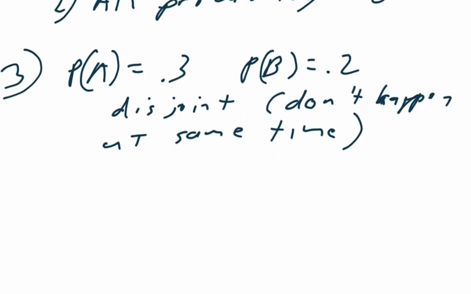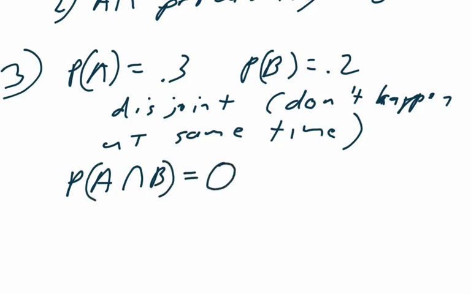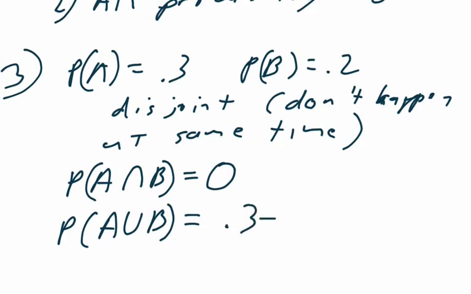So, if they don't happen at the same time, the probability of A and B is equal to 0, and the probability of A or B is equal to 0.3 plus 0.2, which is 0.5.